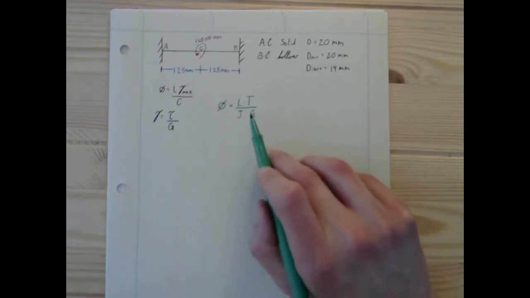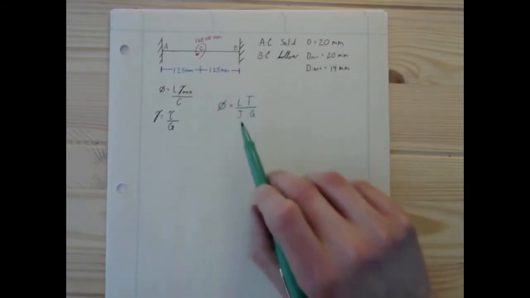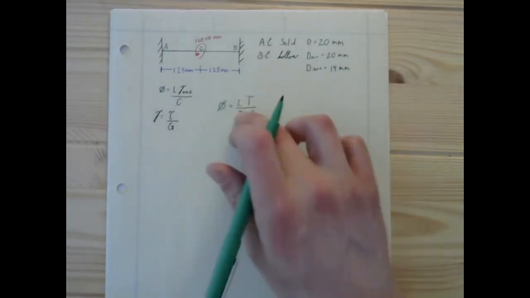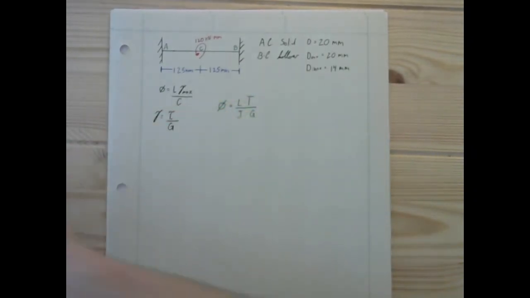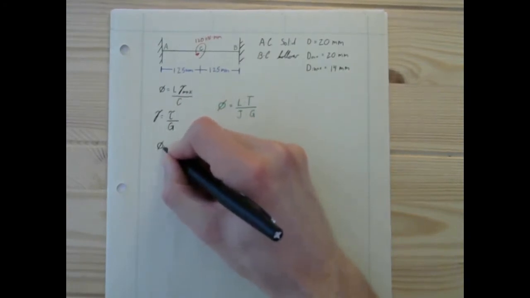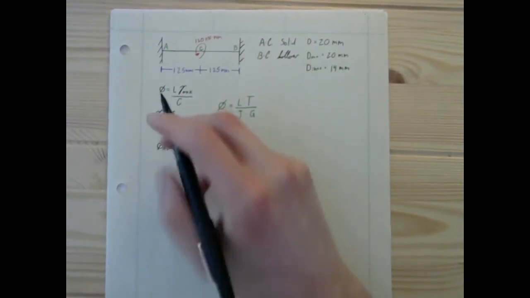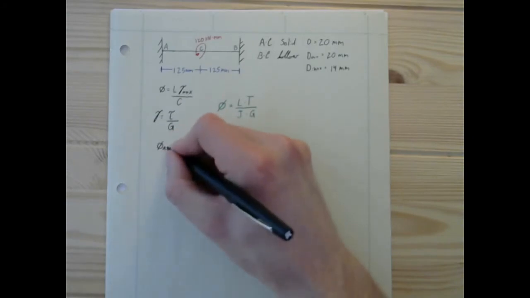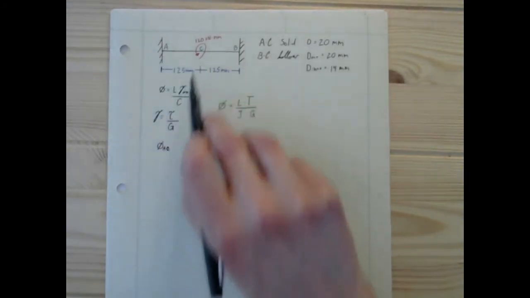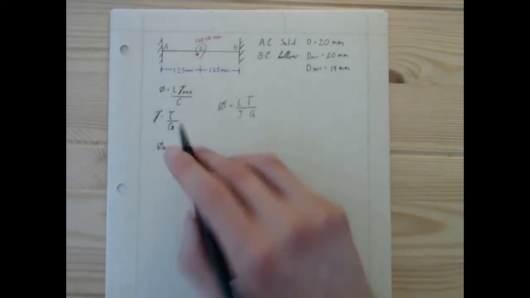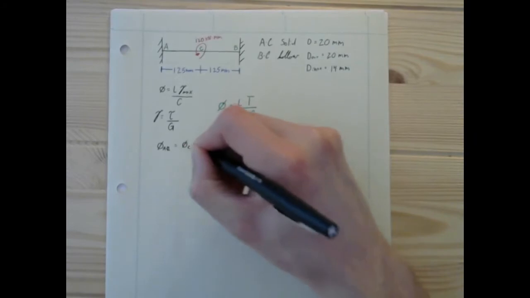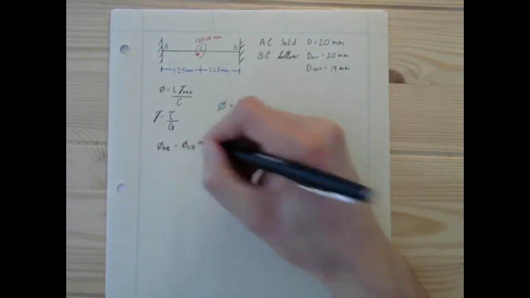Now, this is the end, right? So we've got the rotation that we experienced from A to C, there is no D, is equal to the rotation from C to B.